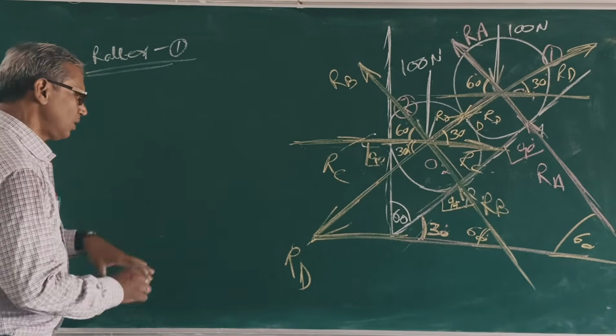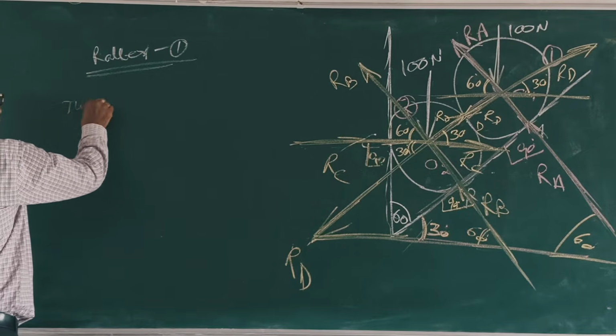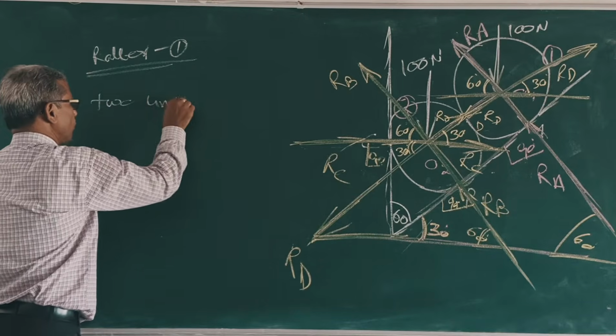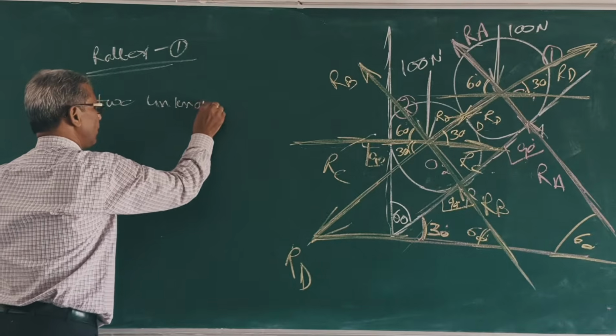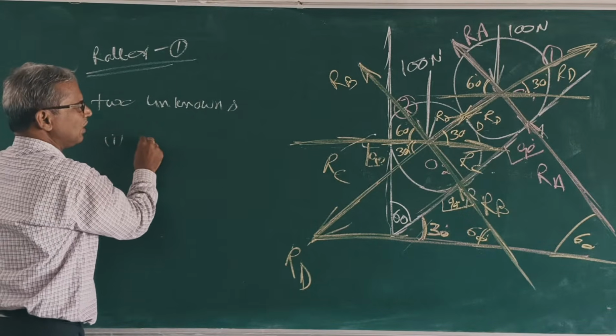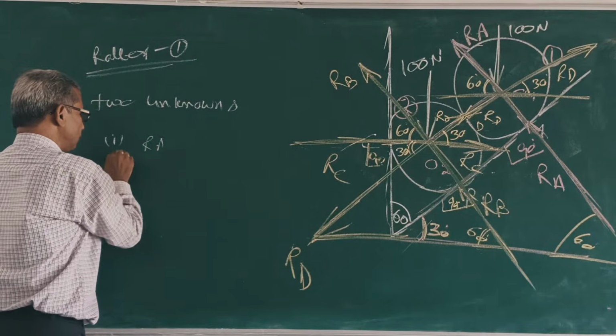Roller 1 has two unknowns: number 1, RA, and number 2, RD.